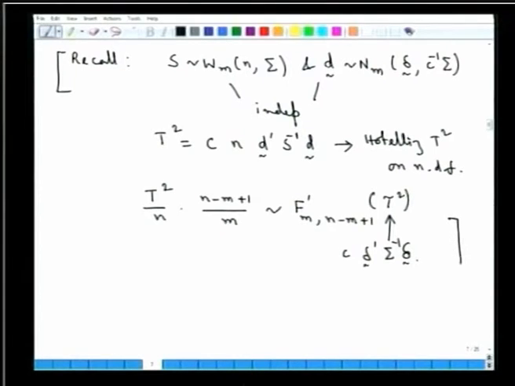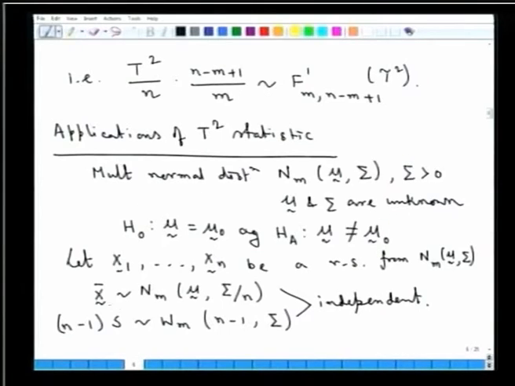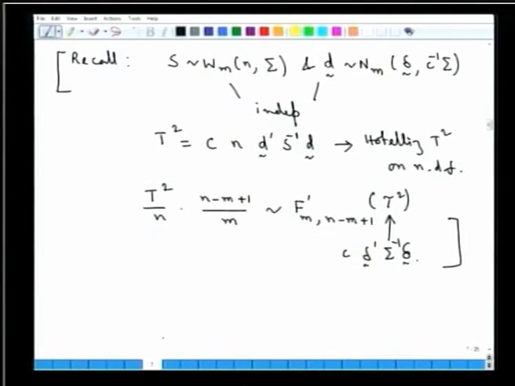So this is the fundamental result that we have stated today and proved a part of it about the Hotelling's t-square distribution. So we have here two constituent parts, which is this having a multivariate normal distribution and this having a Wishart distribution, and they are independent. So this falls perfectly in line with this setup. So for the random sampling, we will have the t-square statistic to be given by C times n.